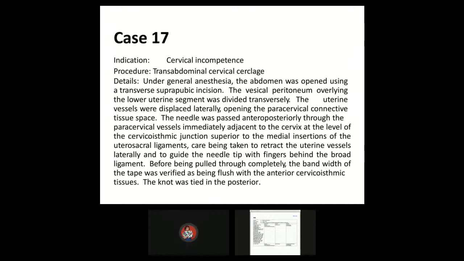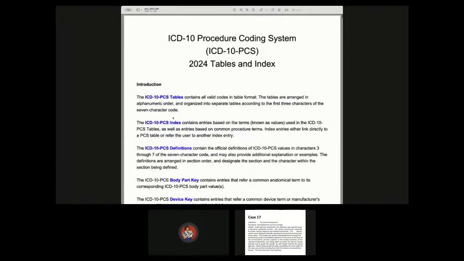Care being taken to retract the uterine vessels laterally and guide the needle tip with fingers beyond the broad ligament before being pulled through completely, and the bandwidth of the tape was verified as being flush with the anterior cervical isthmic tissues. The knot was tied in the posterior. Bam. What did they do? They did a restriction.